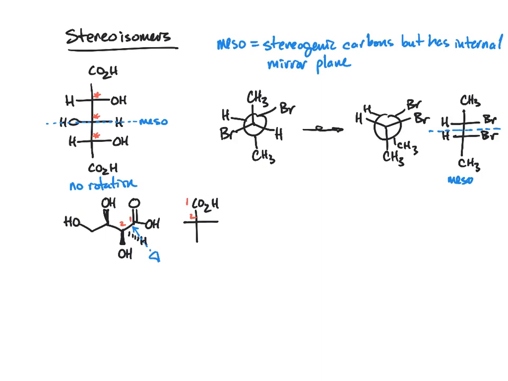Where I've drawn the intersection at carbon 2, what should go on the left side of that bond? So the OH. Then the H goes on the right.